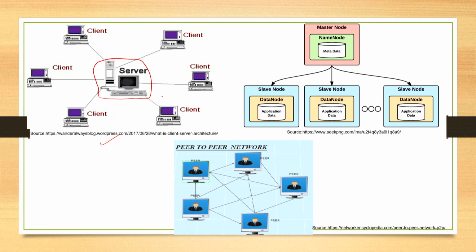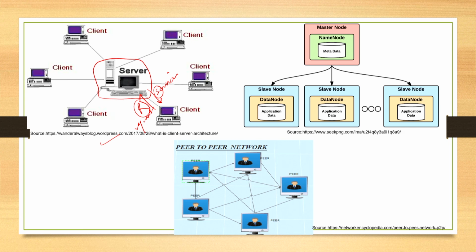It means the client sends a request to the server and that request is serviced by the server for that particular client. So, it sends a request demanding some services from the server, and then the server provides those services to the particular client.